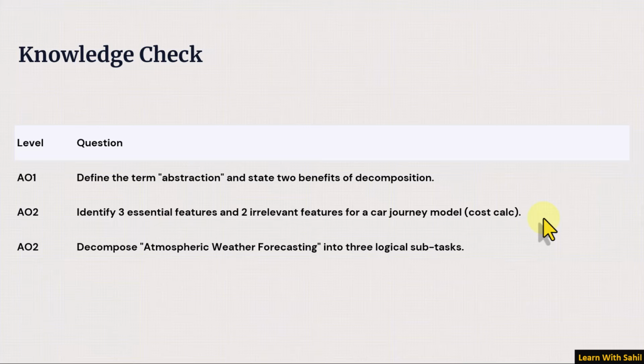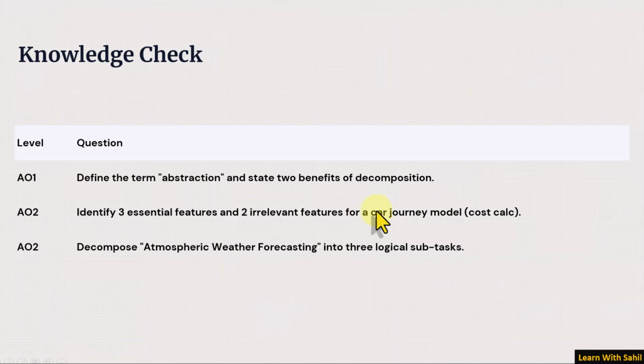Then there are some knowledge checks. You have to understand and solve them for yourselves, and think about them. There are some sample questions, for example: Define the term abstraction and state two benefits of decomposition. Think about this and answer it for yourself. Identify three essential features and two irrelevant features for a car journey model.